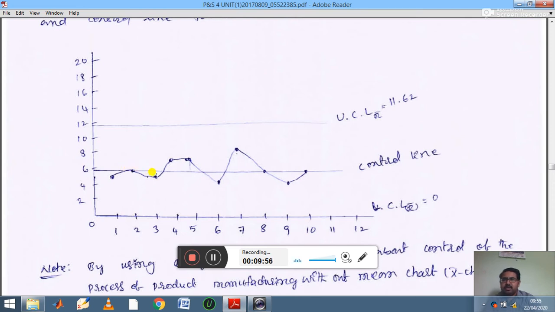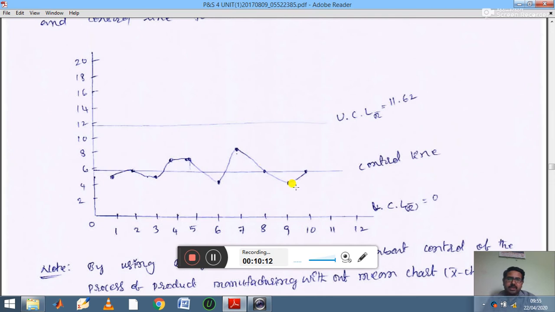Similarly, you plot all the points, sample numbers with their range values, so that you get these points.